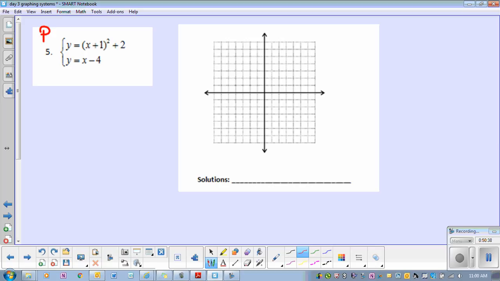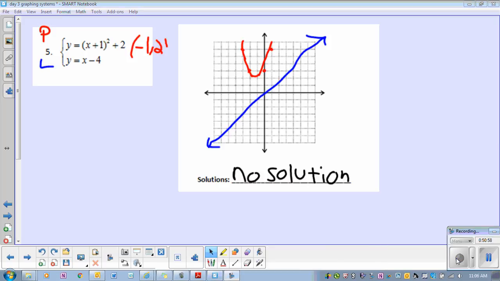And the second one, y equals x minus 4. What is that? It's a line. Good. All right, guys, let's do it. Graph that, please. You can use your calculators. You can put both of them in your calculator and get the solution, right? All right, do it. Super. Yeah. This is no solution.